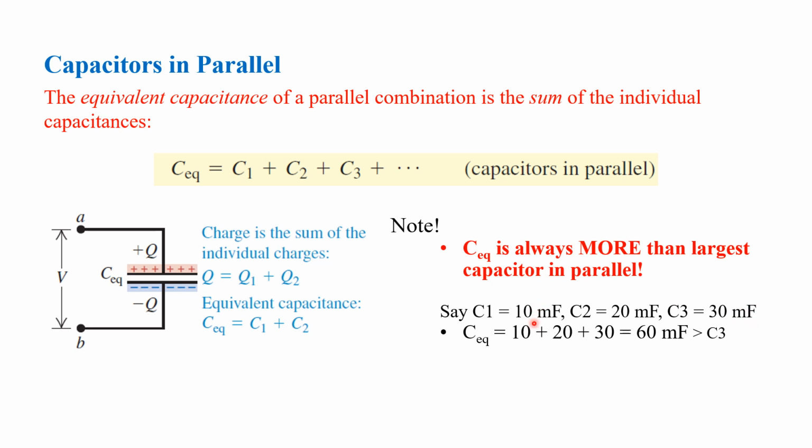C equivalent is just the sum, 10 plus 20 plus 30, so you get 60 millifarads. You see here that C equivalent is more than the largest, which is 30. So it's always more than the largest capacitor in parallel.